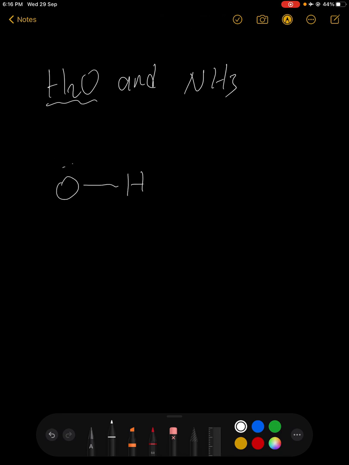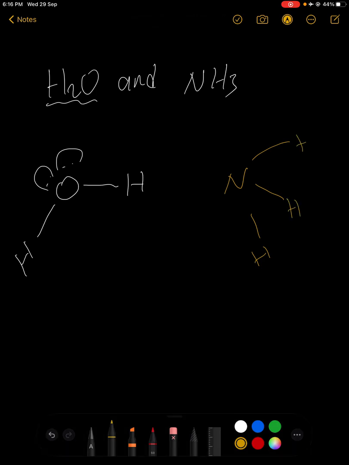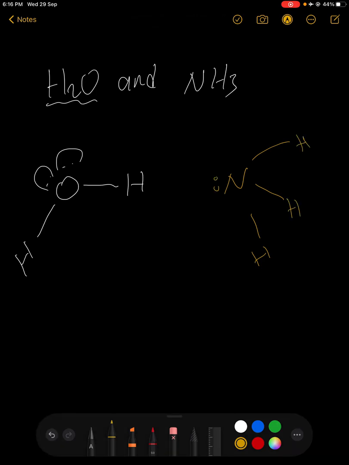We have 2 lone pairs in the water molecule, and we have another hydrogen here. And then I will draw ammonia, as we can see, drawn like this. We have hydrogen, hydrogen, and another hydrogen. Here we have a lone pair.